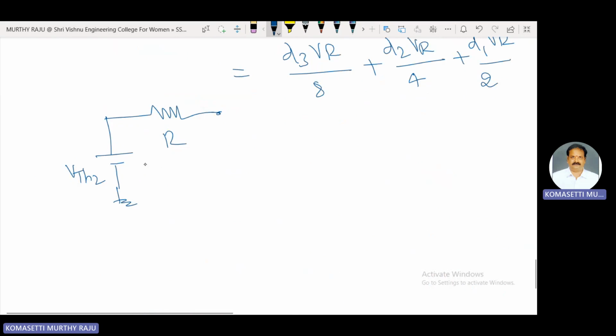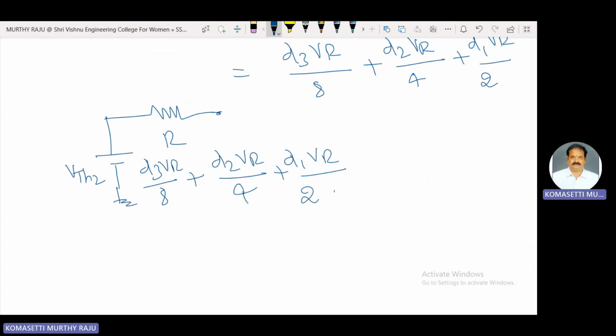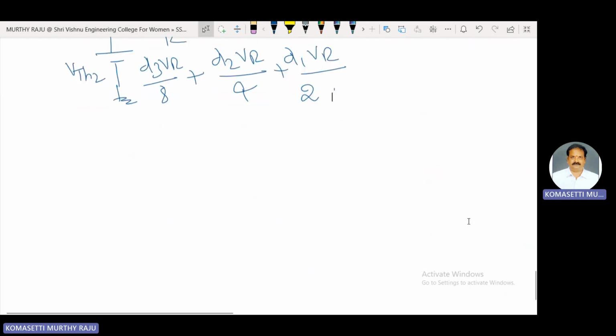Here VTH is equal to D3 VR by 8 plus D2 VR by 4 plus D1 VR by 2. Finally, the simplified network is connected to the op amp, and then find out the analog output voltage.